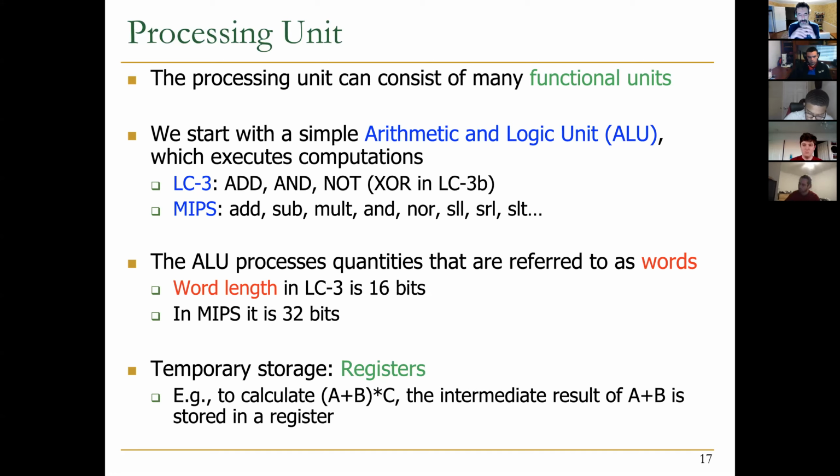And for example, for calculating a particular expression, in this case, a plus b multiplied by c, you can calculate a plus b and put it inside the storage in order to later on multiply it by c. So these registers are typically used for storing these temporary values.